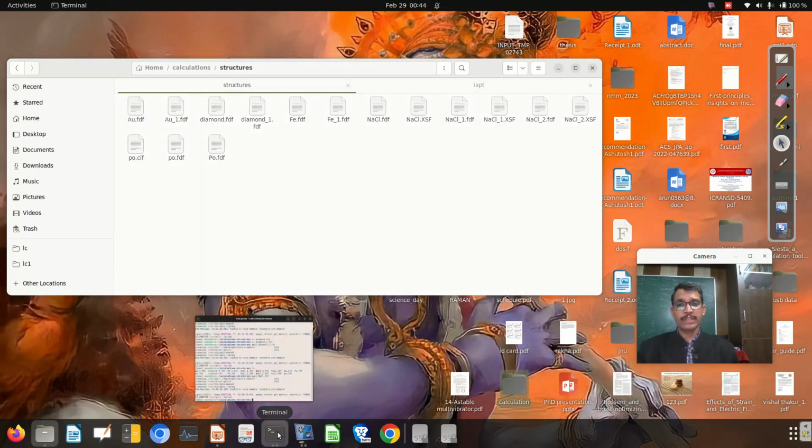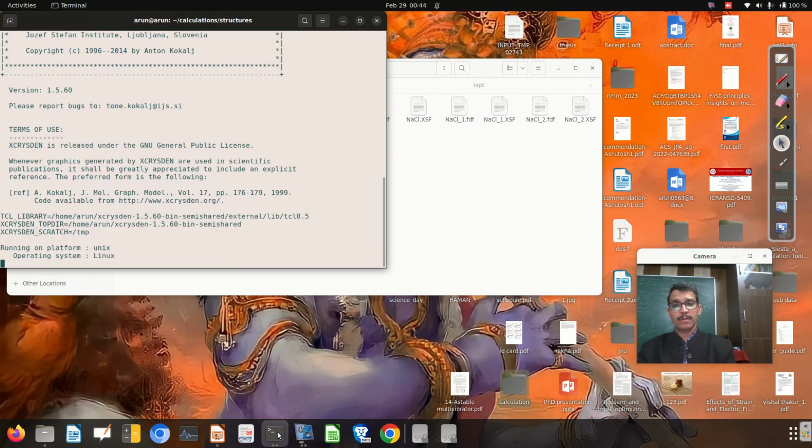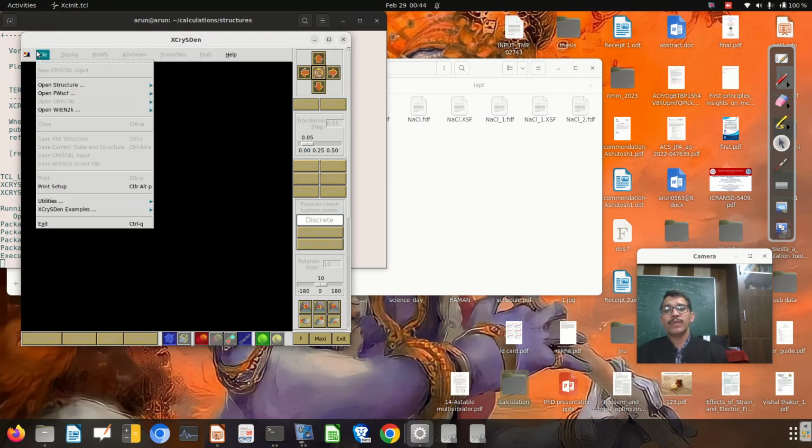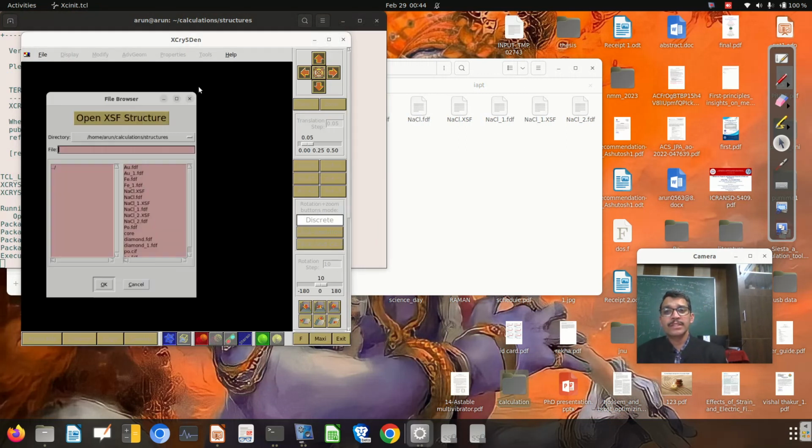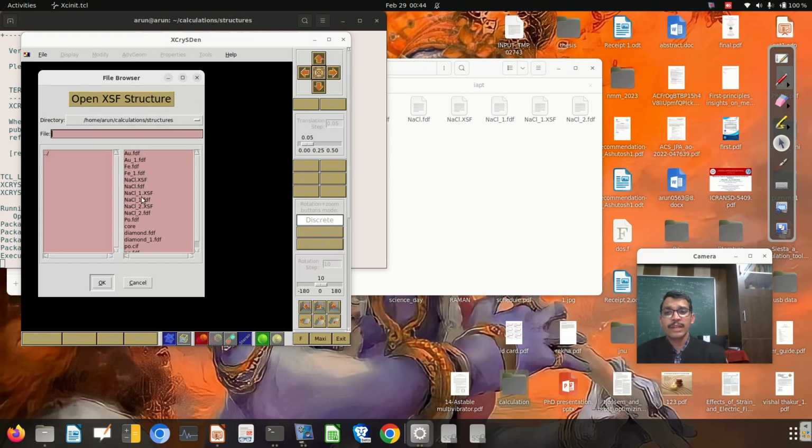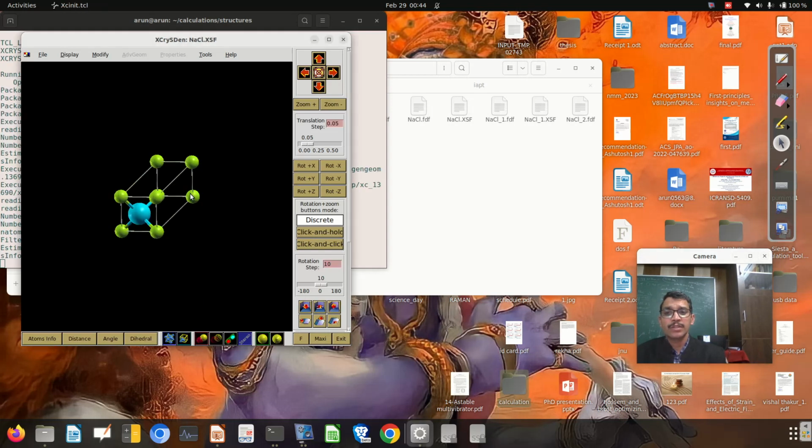So let us open XCrysden here and go to the file, open structure, XSF file. So this is one file, NaCl XSF, right? So this is the NaCl structure. So here it shows, because corner atom is contributed by 1/8 by every corner, so 8 corners are there, so overall its contribution will be 1.